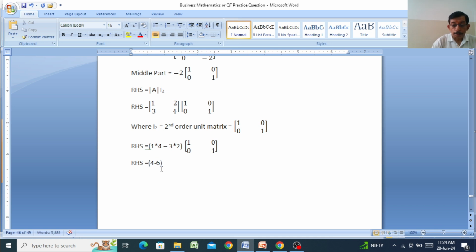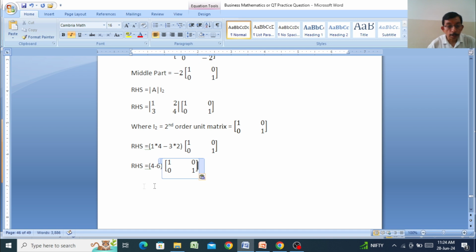The identity matrix of second order is noted down here. In the right hand side, minus 2 times the identity matrix.